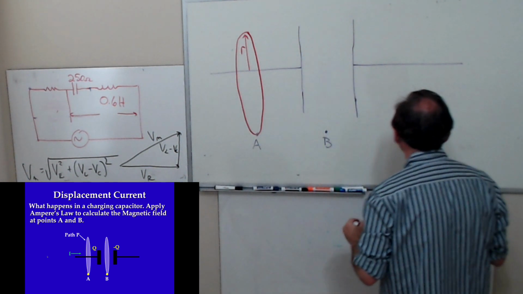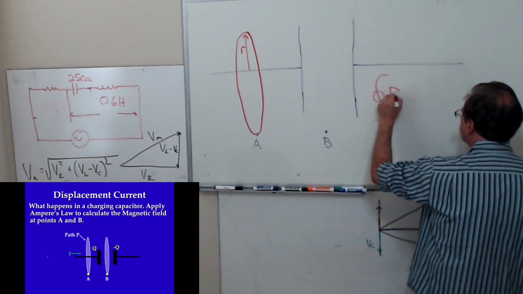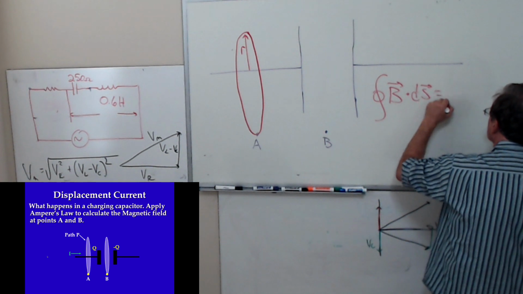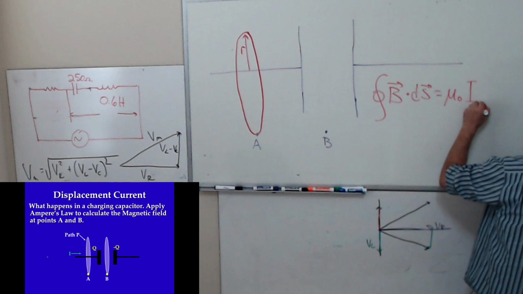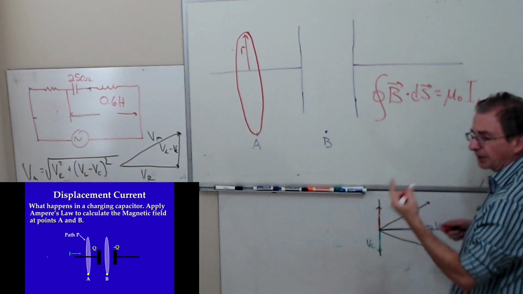Ampere's law says that the integral around a closed loop of B dot ds is mu naught times I enclosed in the loop, whatever's penetrating the loop, right?